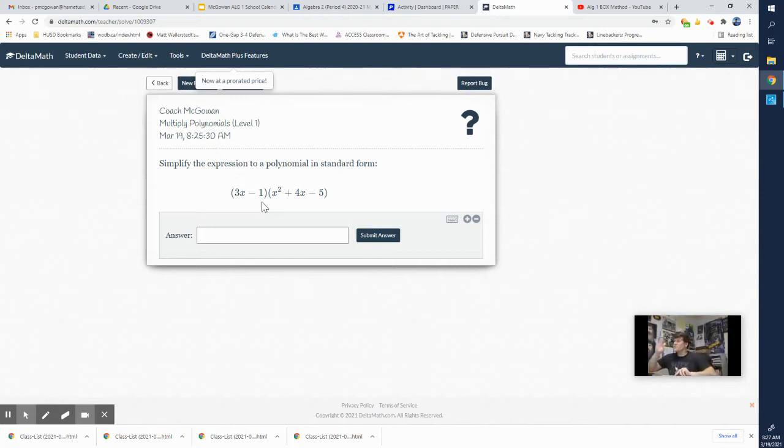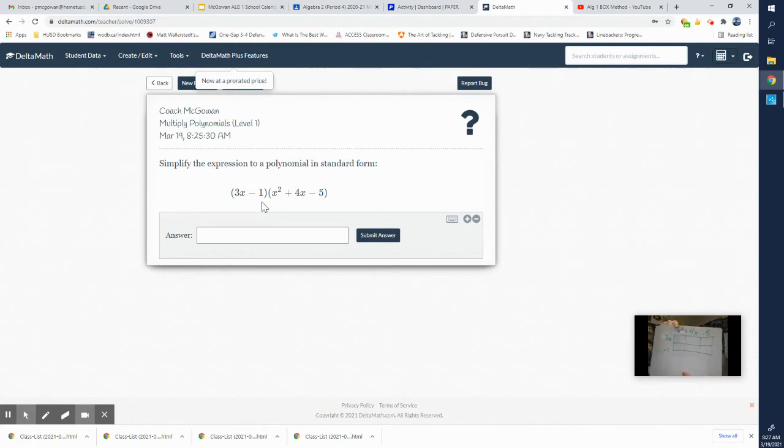So in between my 3x and negative 1, I have a line going across. That separates the box for those 2 terms. Then I have the x squared term, line's going to go down. 4x term, line's going to go down. 5 term, 5's going to go down. So I end up with 6 total boxes. Oops, sorry.